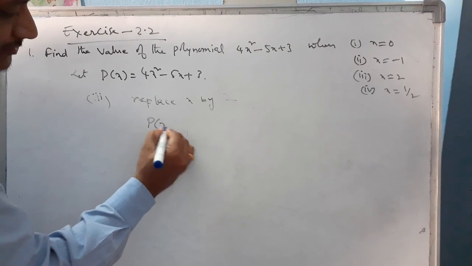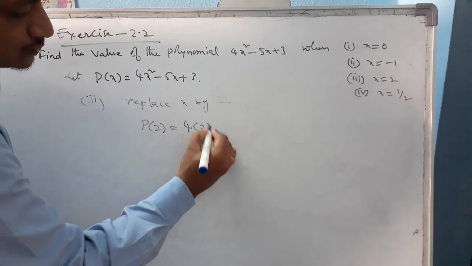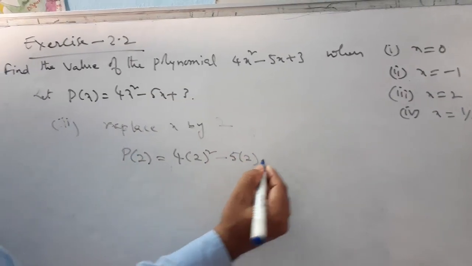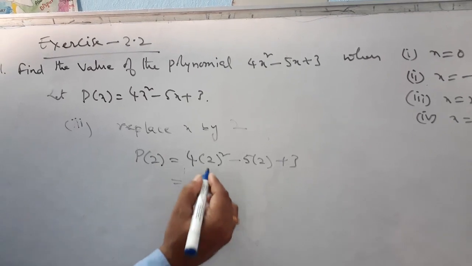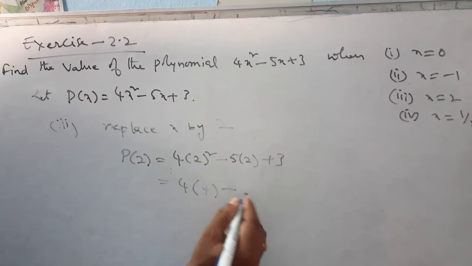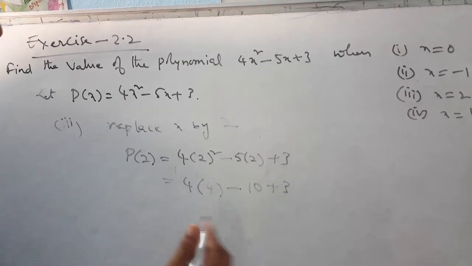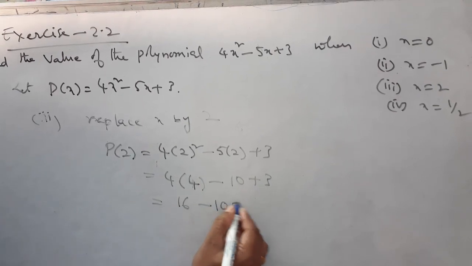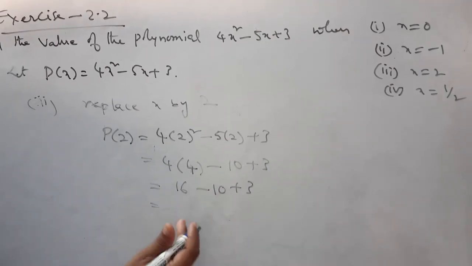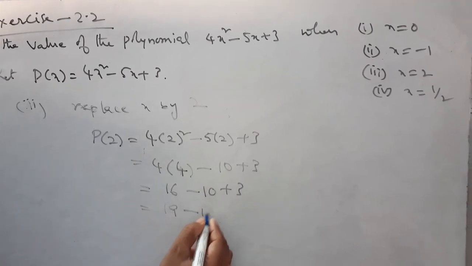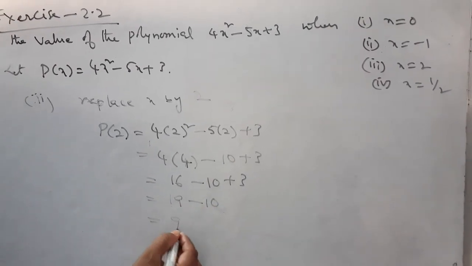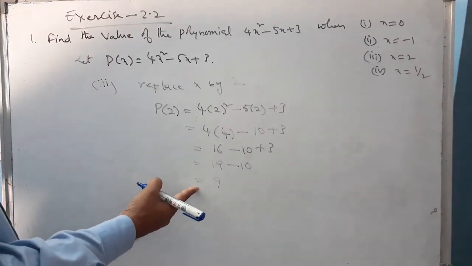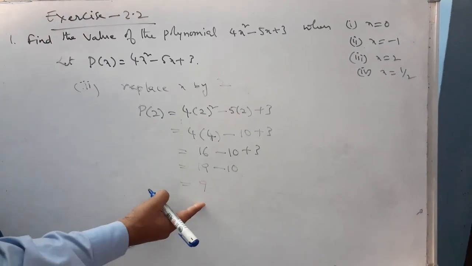So p of 2 is equal to 4 into 2 square minus 5 into 2 plus 3. 4 into 2 square means 4 into 4, which is 16, minus 5 twos are 10, plus 3. 16 plus 3 is 19, 19 minus 10 becomes 9.